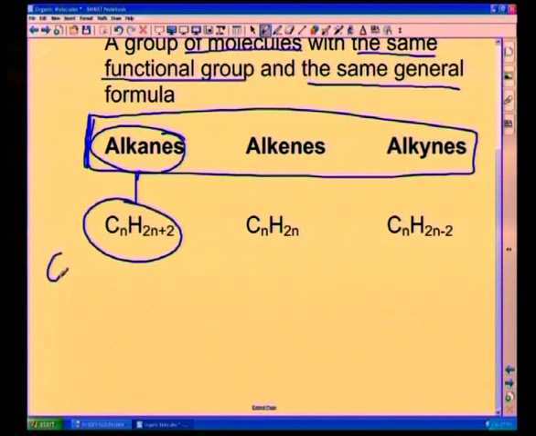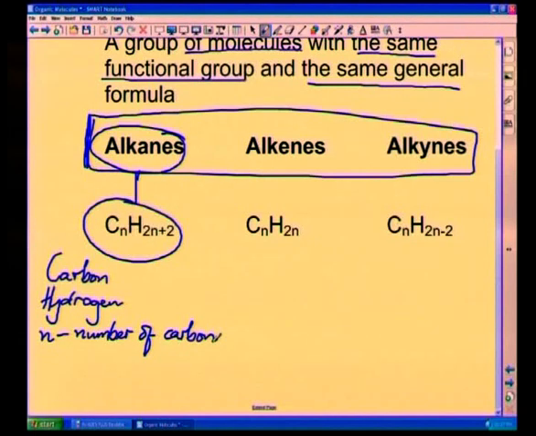Obviously, the C is carbon, and the H is hydrogen. And what is N? N represents the number of carbon atoms in the molecule. That is what N is for there.